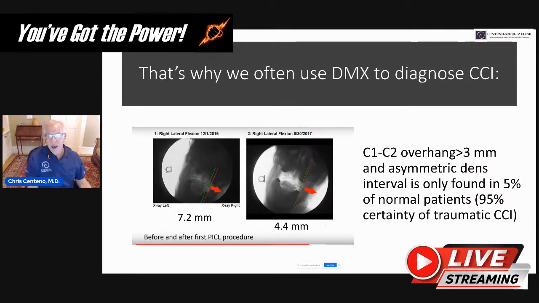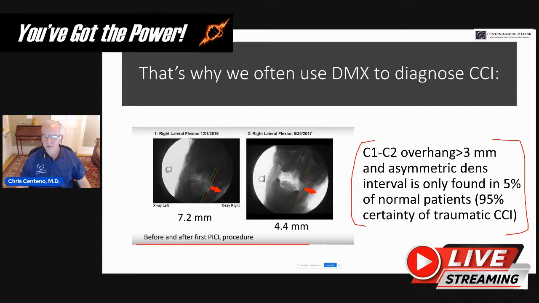And this is why, if you've often wondered, why does Dr. Centeno use DMX to diagnose CCI? Some of these other guys use other things. That's because there was a large study done about 2 years ago that looked at the normal rate of C1, C2 overhang in about 70 some patients versus 119 patients who had this problem.